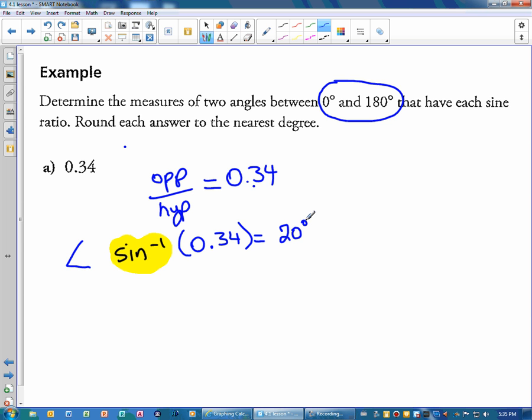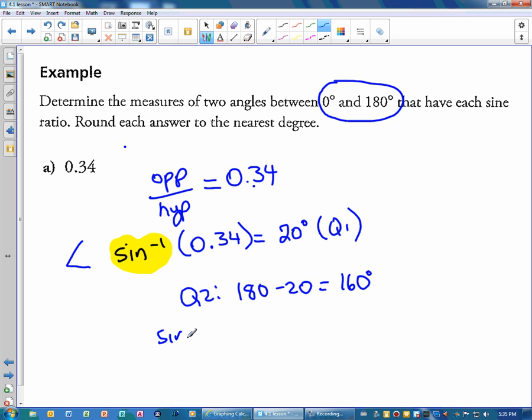Now, we know that sine is positive in the first quadrant and the second quadrant. 0.34 doesn't tell you if it's in the first quadrant or second quadrant because it's positive. It could be either. So because sine can be positive in both quadrants, you have to do the angle in quadrant 2. Because this is less than 90, this is the quadrant 1 angle. The quadrant 2 angle will be 180 minus 20, or of course, it will be 160.